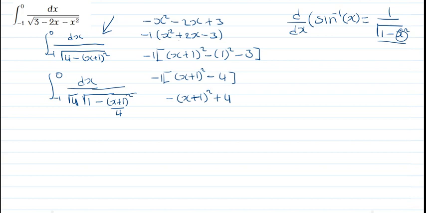So to do that, we're going to say the integral from negative 1 to 0, the square root of 4 is a 2, then dx, then we have the square root of 1 minus, so to make this as a whole with a square outside, it's going to be x plus 1 over 2, then we square everything.